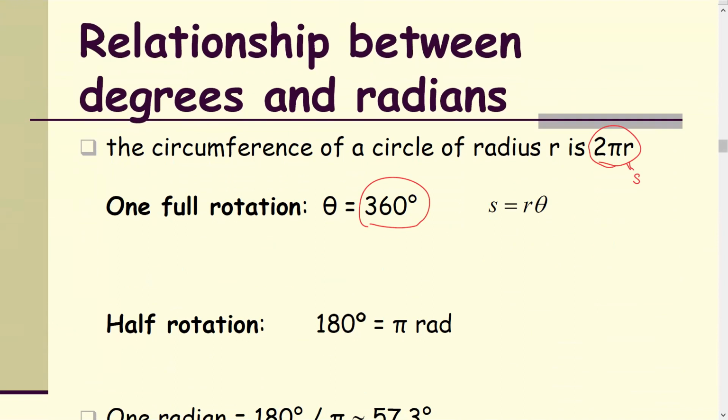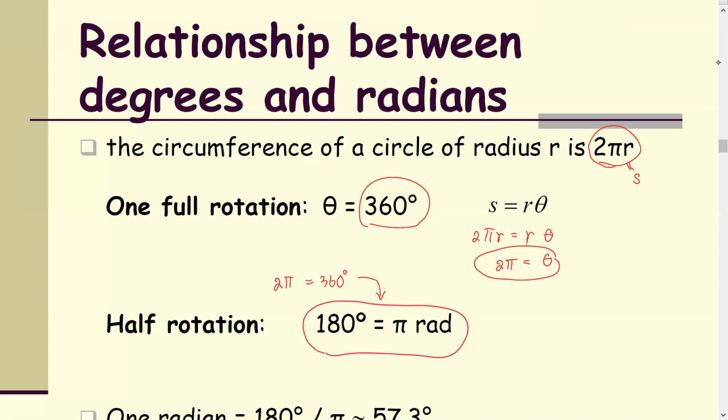The s, which is 2 pi r, equals r multiplied by an angle theta. So theta equals 2 pi. That means 2 pi is 360 degrees. Divide all by 2, and we get a half revolution, or pi, is equivalent to 180 degrees, with pi as a radian unit.